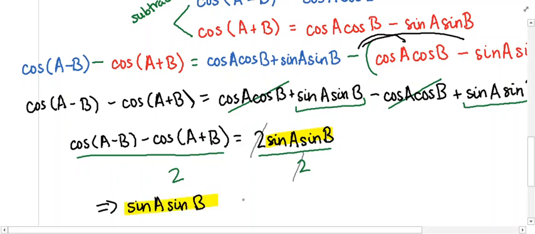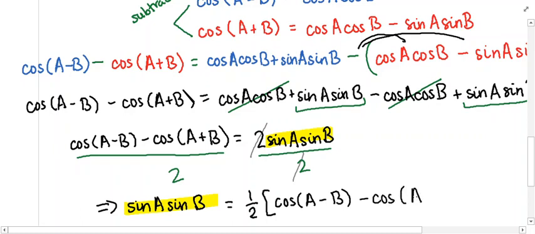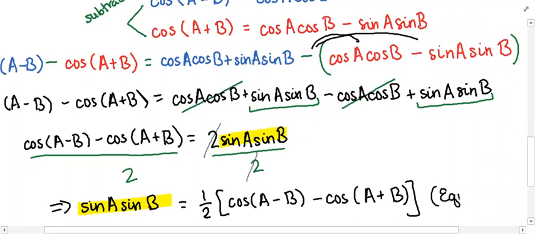That is going to equal, on the left side, we are dividing that entire numerator by 2. If you divide by 2, that's the same thing as multiplying by 1/2. So I'm going to say this is going to be 1/2 times the entire quantity in the numerator, which is cosine of A minus B minus the cosine of A plus B. And this is exactly equation number 6.